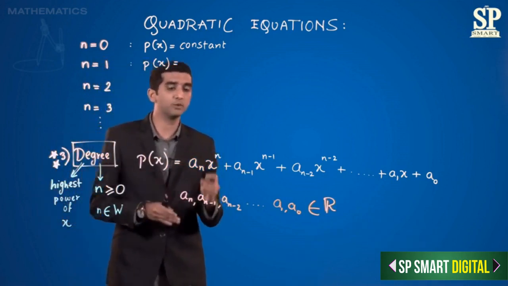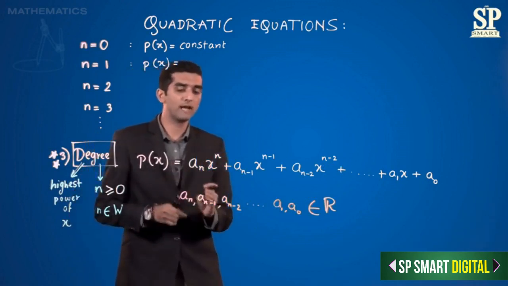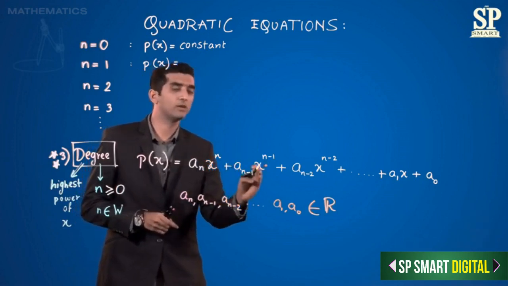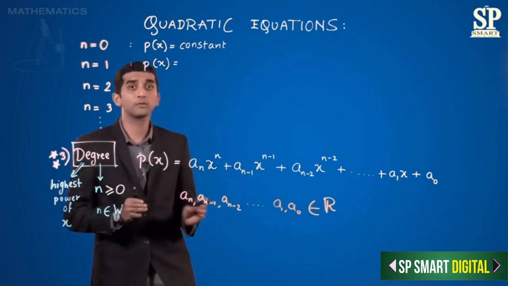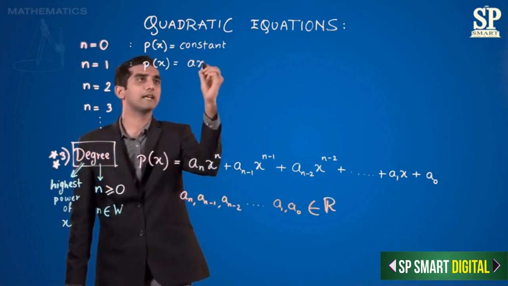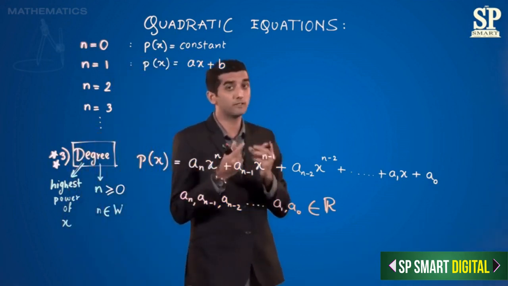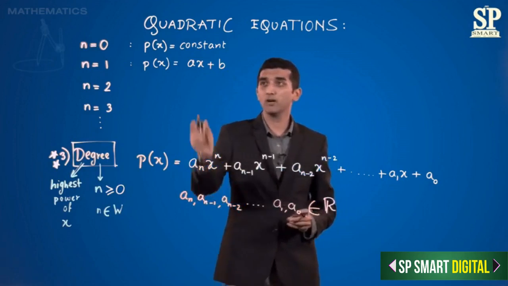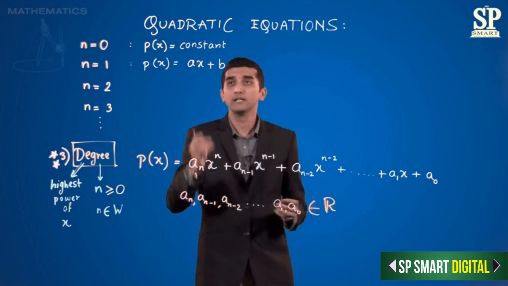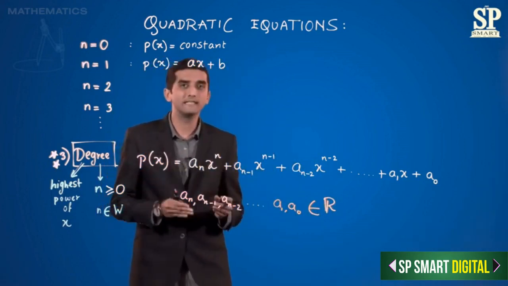When we substitute n as 1 in this general polynomial, we are going to have a1 x raised to 1, then a0 x raised to 0. There are going to be only two terms, and we can write this as ax plus b. So just to have different alphabets, different coefficients, I am writing a1 as a and a0 as b. Now this polynomial is called the linear polynomial.